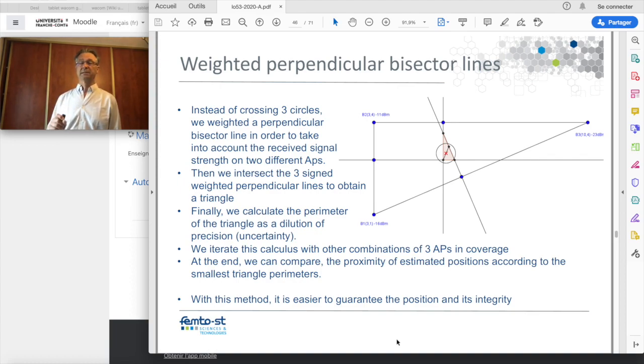And like this you can select the best 3 access points in the area according to the mobile device location. So with this method, if you have more than 3 access points, it will be easier to guarantee and to calculate the integrity of the results.